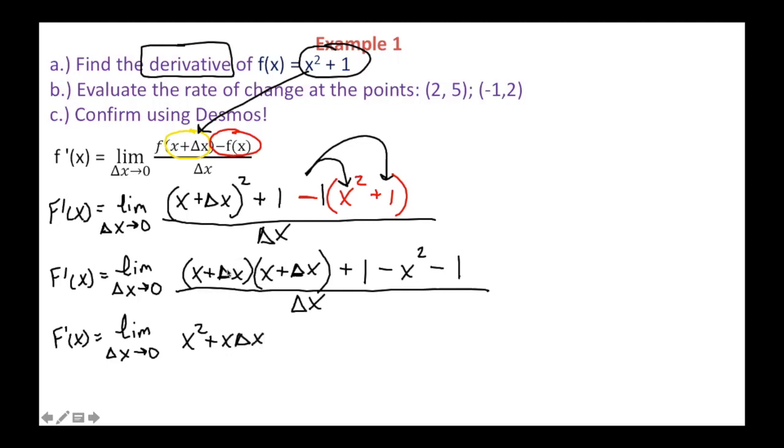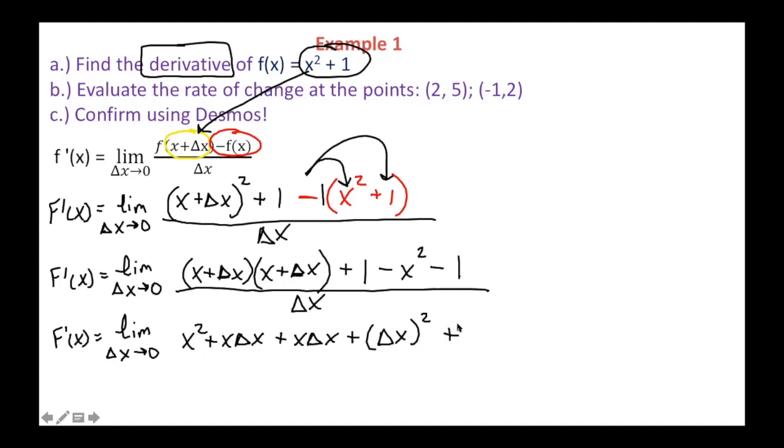Inside is another delta x times x, which is another x times delta x. And then last, delta x times delta x would be delta x squared. All right? So these 4 terms, this is the first, outer, inner, last, from FOILing out the multiplication of these binomials.